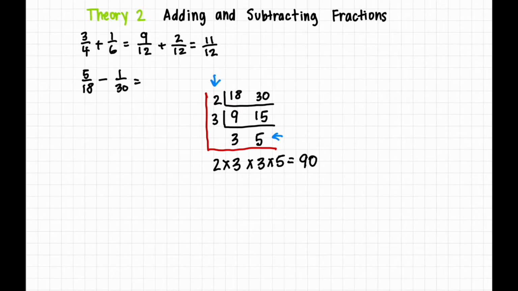So if you see it this way, we already said that 2 times 3 is 6. So we can rewrite the equation as 6 times 3 times 5, right? And it still equals 90. If we look at this, 6 times 3 equals 18.